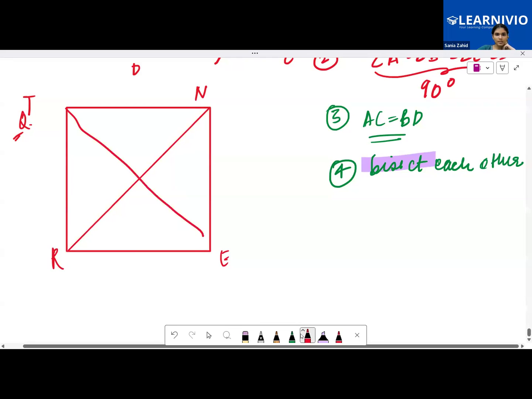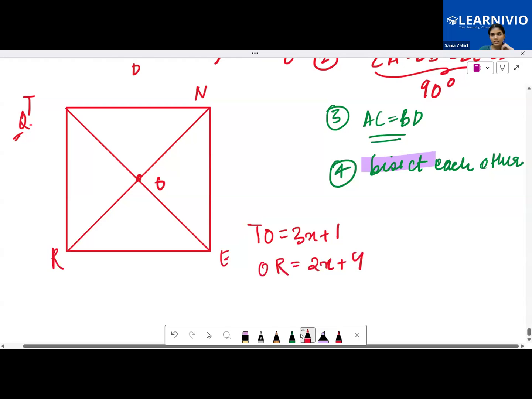This is another diagonal. This is given to you as a rectangle. This is point O. This line PO is equal to 3x plus 1 and OR is equal to 2x plus 4. Do you understand what is given to you? Yes, ma'am. Now you have to find x.